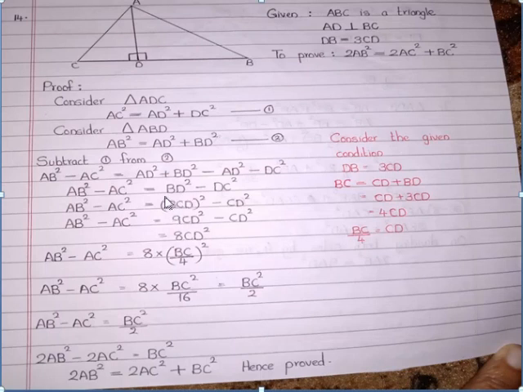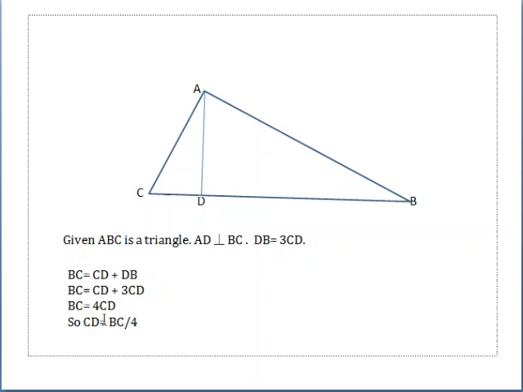Now I am substituting DB as 3CD, that is given in your question. BD as 3CD, 3CD square. 3 square is 9. 9CD square minus CD square is 8CD square. In the previous figure, I showed you how you proved CD is equal to BC by 4.